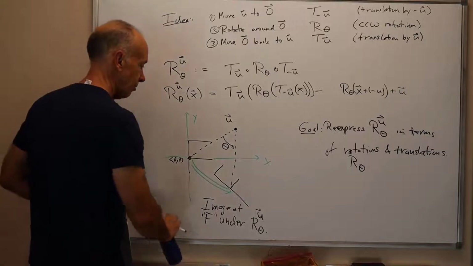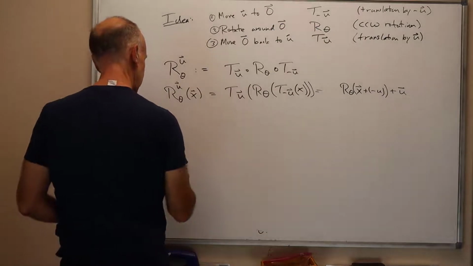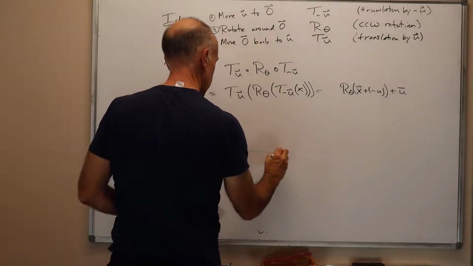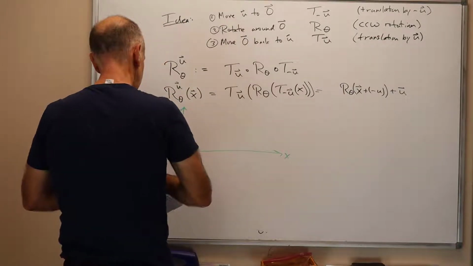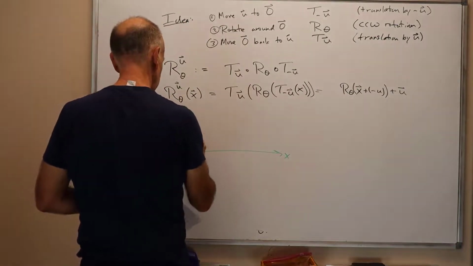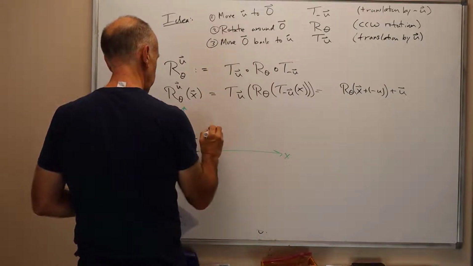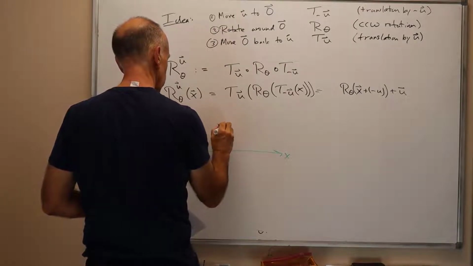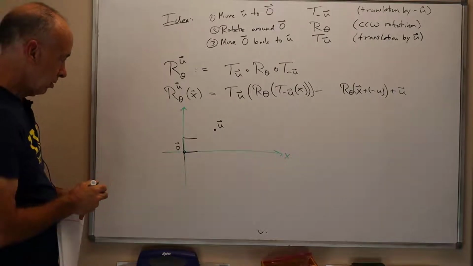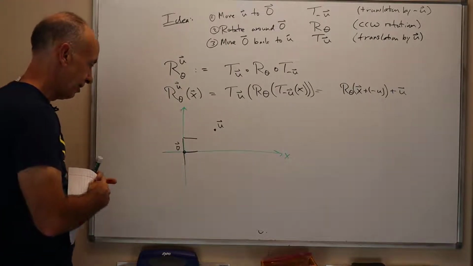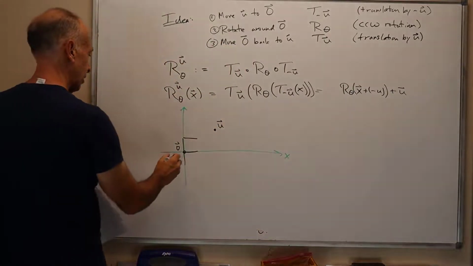Okay, so let's draw the picture here. Here's the x-axis, y-axis. Here's the F in standard position. Here's the origin, of course. Here's our point u. So what happens when we translate F by minus u? I'm going to draw this in a blue color in hopes you can see the difference.